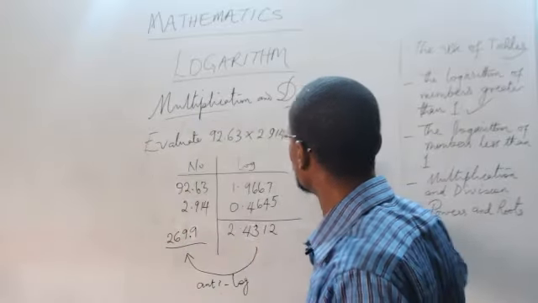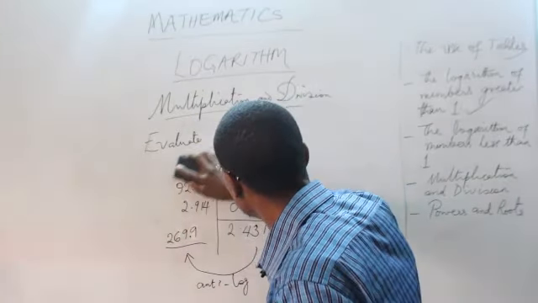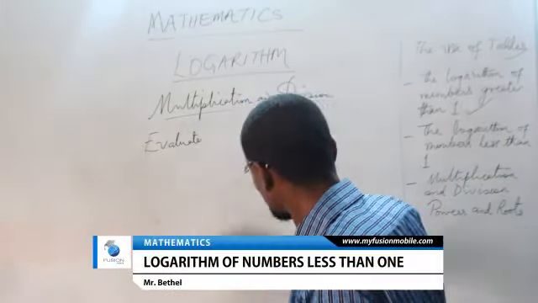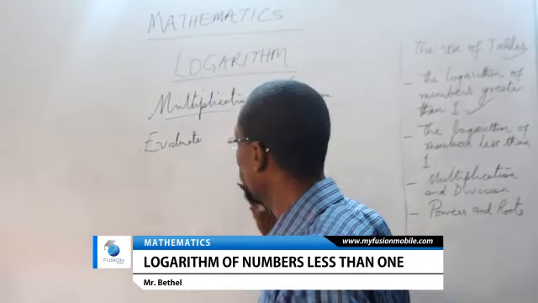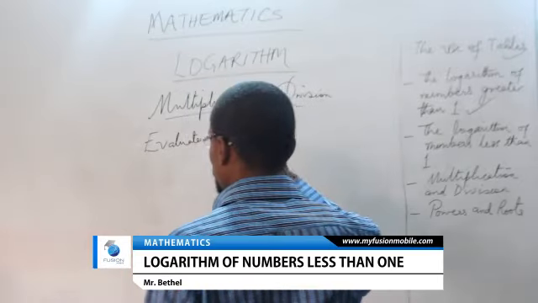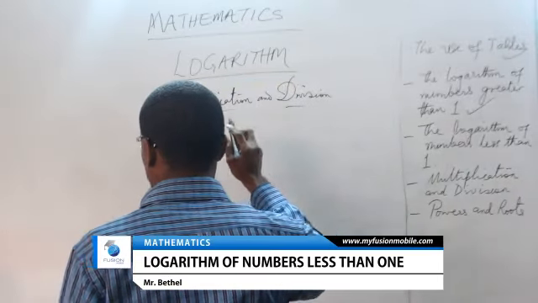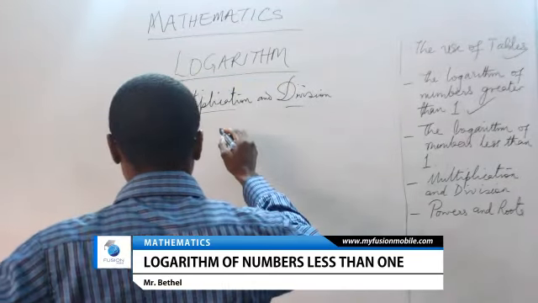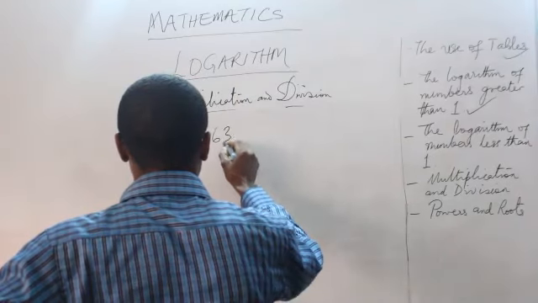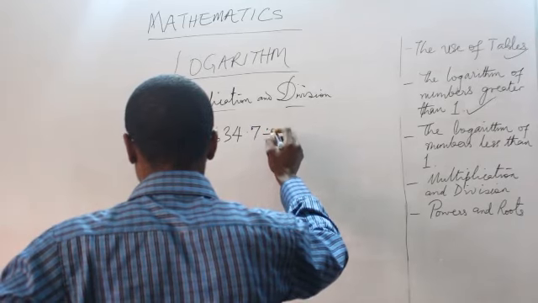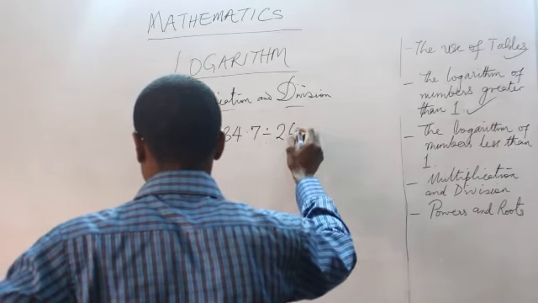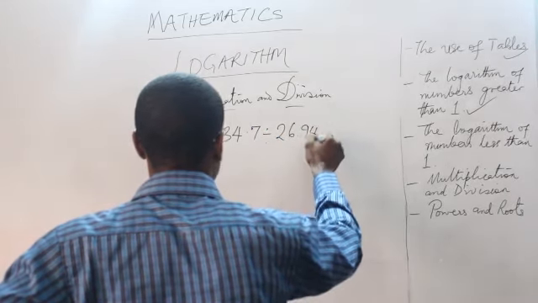Now, very quickly, let us evaluate yet another number. So this time we will evaluate 634.7 divided by 26.94.